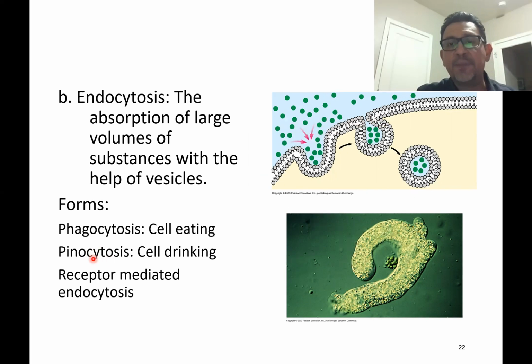If, however, the cell happens to engulf a larger item, not just particles or molecules, but like entire cells. Here you see, for example, an amoeba, and this is a single cell protist, and it likes to feed on other types of single cell organisms, like a group of algae over here. There's a cluster of algae.